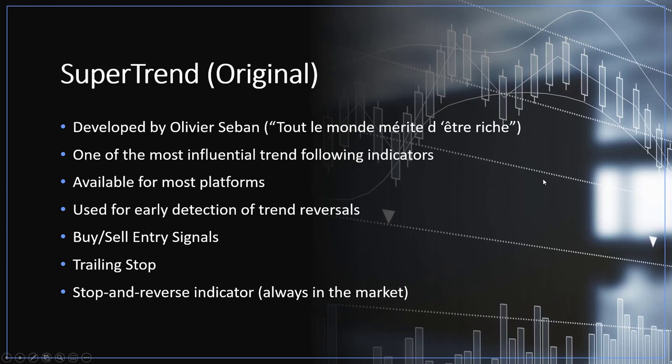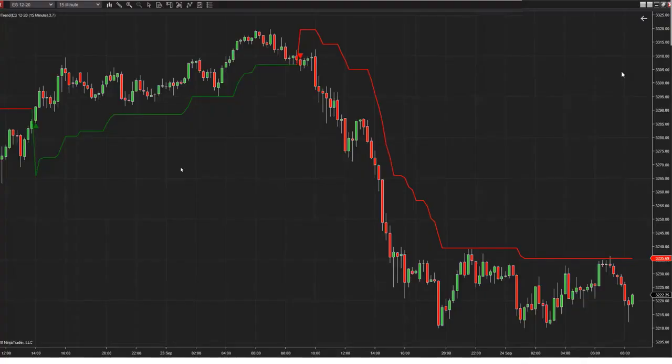So let's have a look at this chart, which is an S&P E-mini chart, 50 minute time frame, and applied to this chart is the traditional SuperTrend indicator. What you can see here are these small triangles, green triangles for long entries and red triangles for short entries.